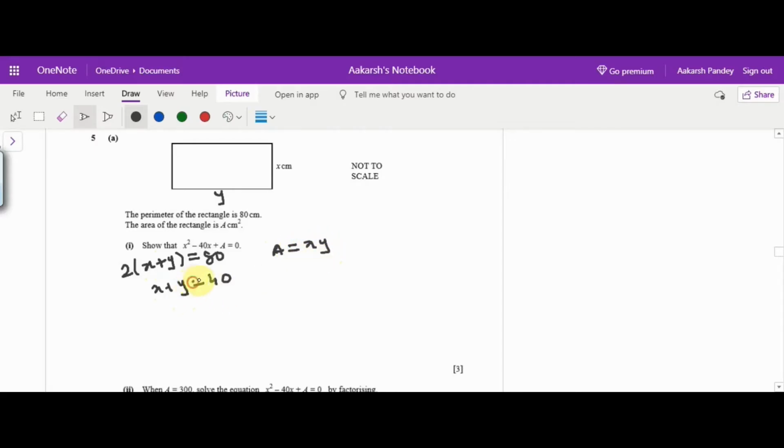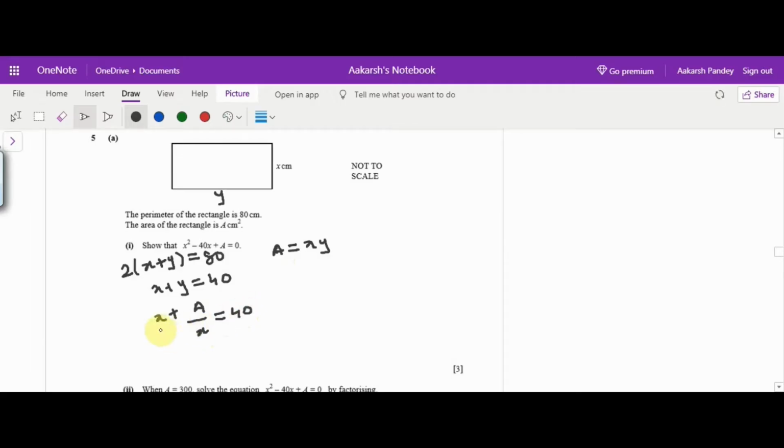Now because this y was introduced by me, I'll just try to remove it. I'll write y as a by x. Divide this by x on both sides, you get y as a by x. So x plus a by x equals 40.